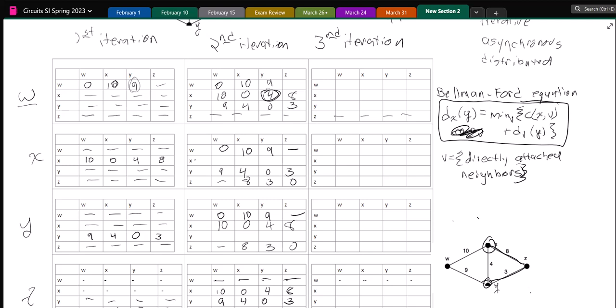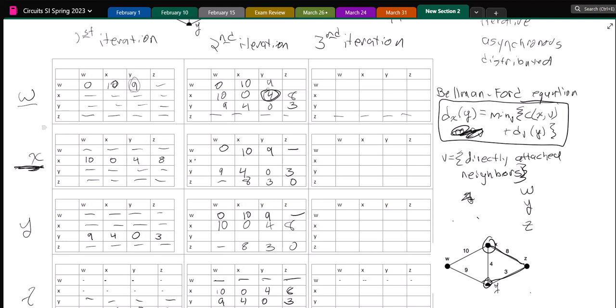So x's direct neighbors are w, y, z. Those are x's direct neighbors. And right now we're on our x row, and we're going to fill in our w column. So right now we're trying to figure out our minimum cost to w.